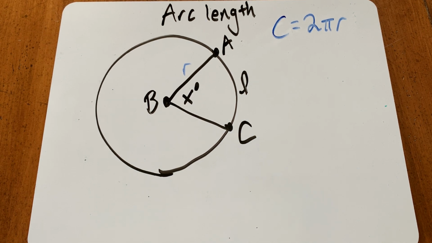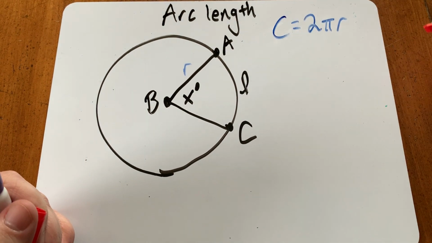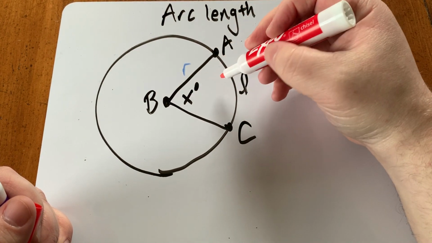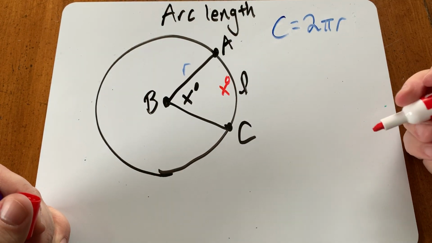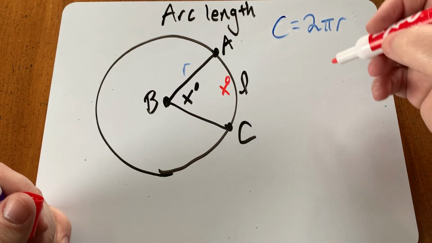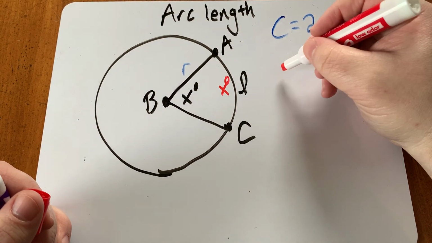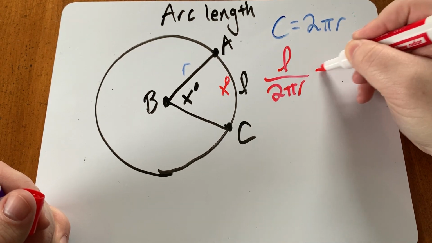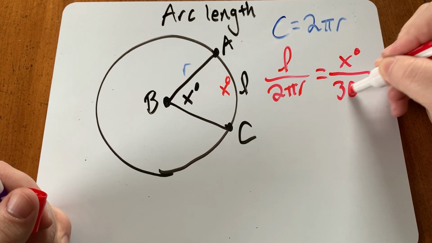So what's cool is that the arc length with respect to the circumference is proportional to the arc measure with respect to the measure of the full circle. And the measure of a full circle is 360 degrees. So the arc length to the circumference is equal to the arc measure to the full circle.